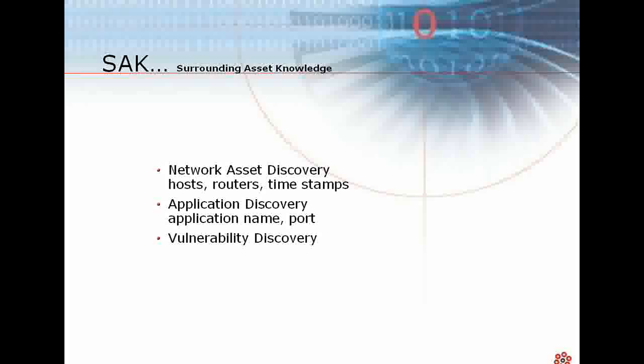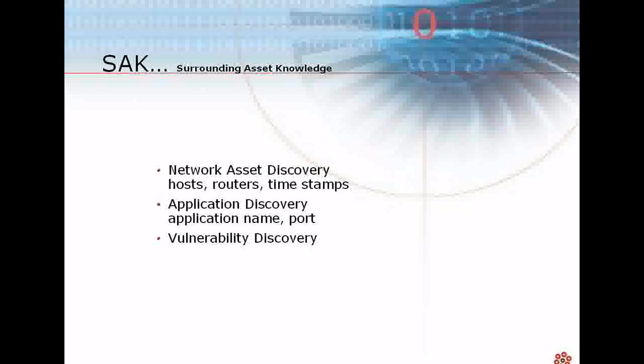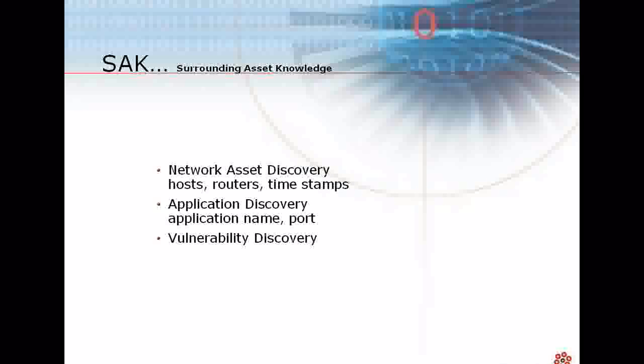Then we have a surrounding asset knowledge module, which is a piece of software that detects all of the surrounding assets on the network. It builds a profile of all IP-bearing hosts on the network, and their applications, the vulnerabilities, the ports that are open, the MAC addresses, all of the detail of your specific network.